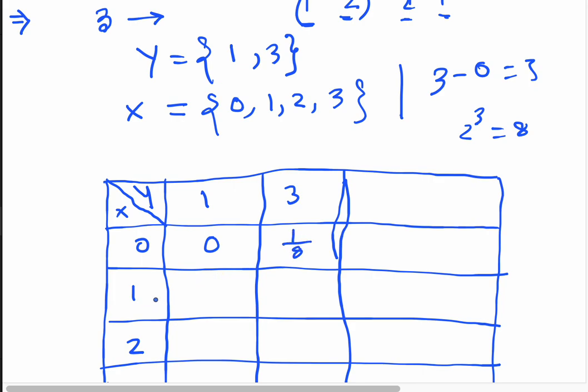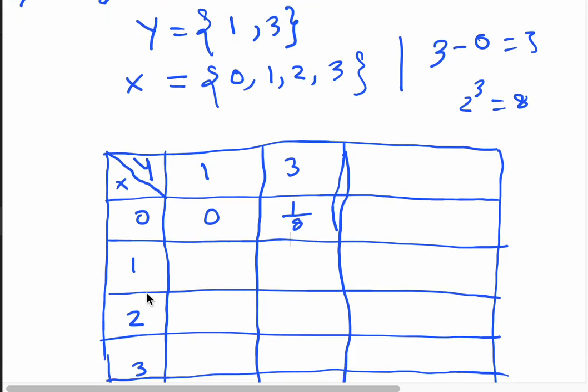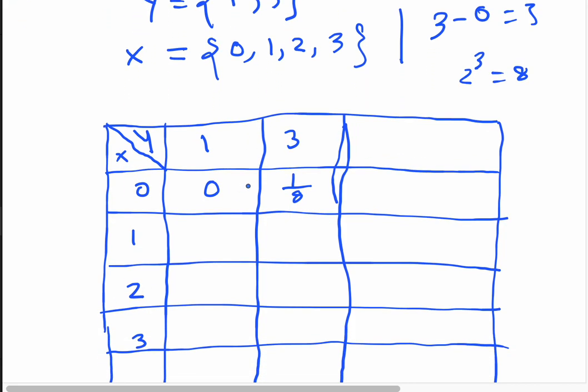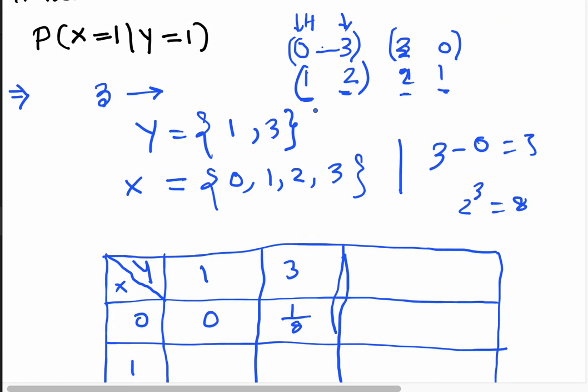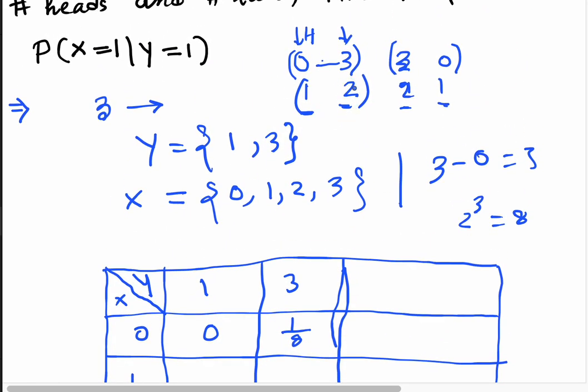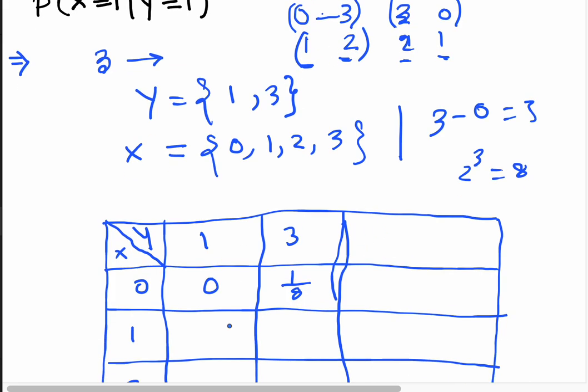Now similarly, if I get 1 head out of the 3 trials, can I get the difference 1? Yes. If I get 1 head and 2 tails, the difference is 1. So this is possible.